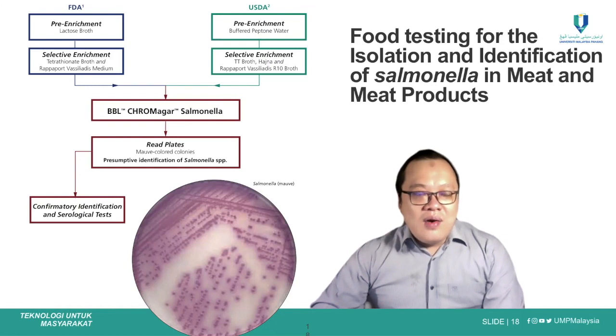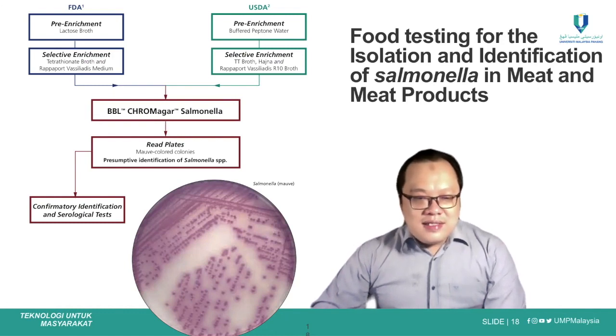It depends on the requirement of different regulatory institutions such as FDA or USDA. It requires the pre-enrichment in a certain type of culture media, and based on the presumptive identification, the confirmatory identification will be carried out by using the biochemical test, the molecular testing, or the serological test.